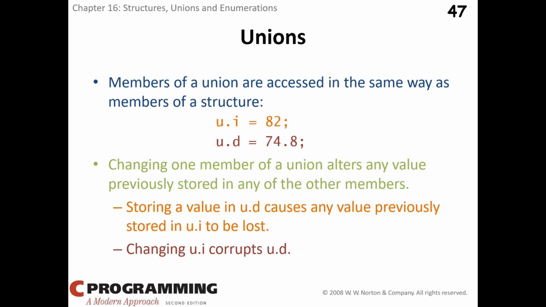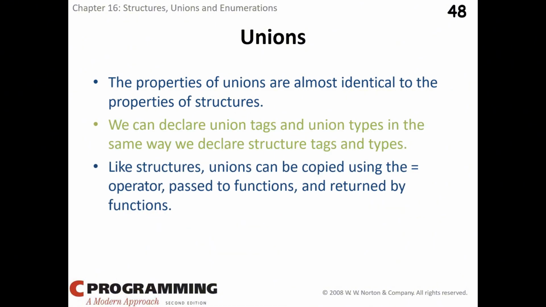For example, if we store a value in u.d, any previous value in u.i will be overwritten and lost. Similarly, modifying u.i will corrupt u.d because they both occupy the same memory location. This behavior underscores the importance of careful handling when working with unions.